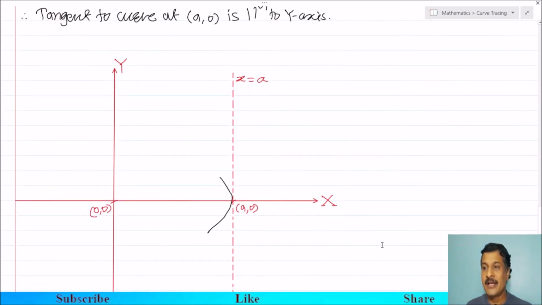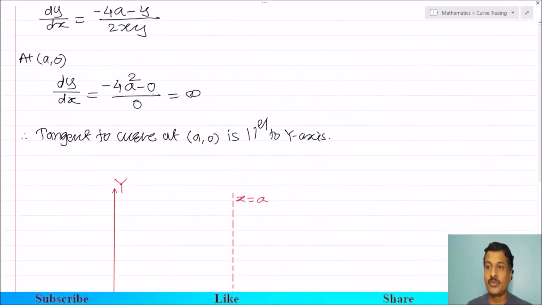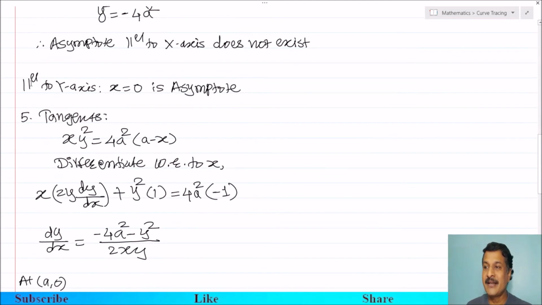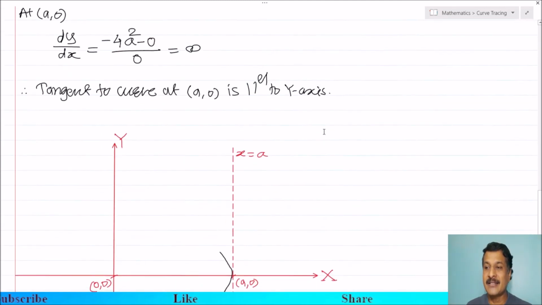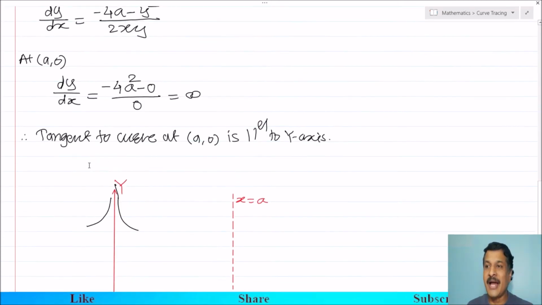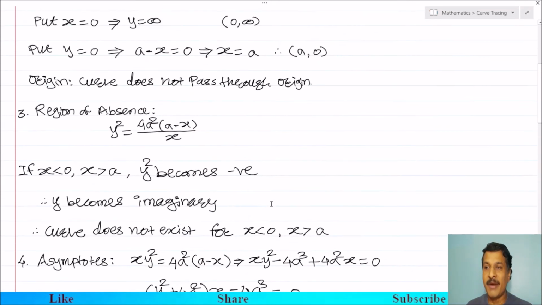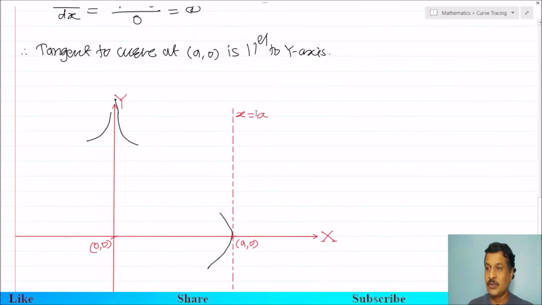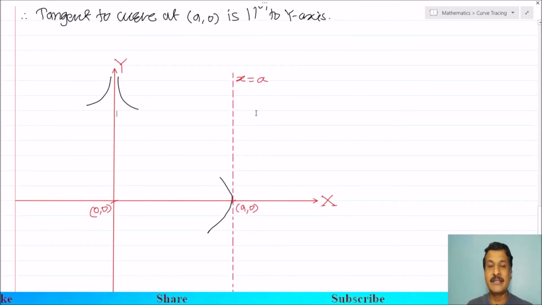Therefore x equal to 0, here the y-axis is the asymptote. So definitely the nature of the curve is this one or this one at this point, because our curve will meet it at infinity, and that is why we got this point 0 comma infinity. By the remaining points I will try to find where the curve does not exist.